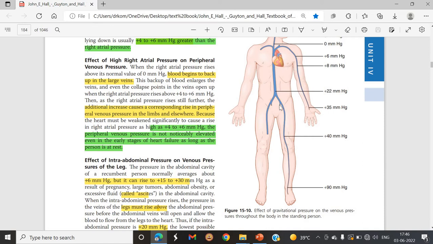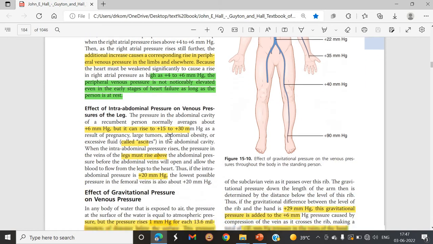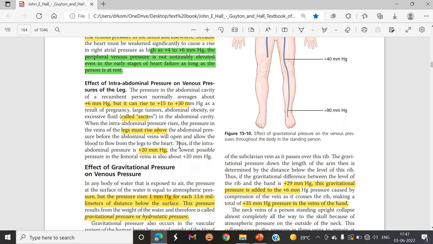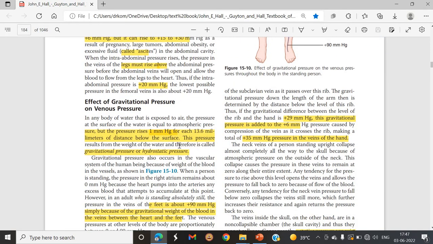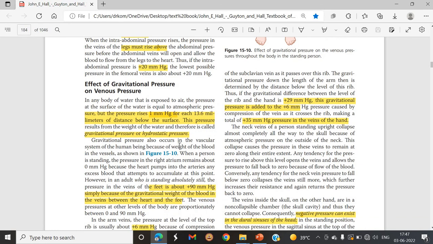You can see the vein has to pass through this abdomen area, so it will create an increase in the pressure of the venous system. Ready? So this is described in this paragraph, the application of ascites and pregnancy. We have already discussed the effect of gravity.